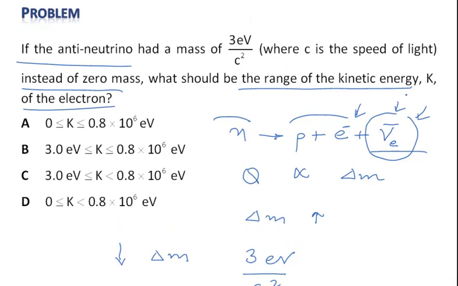So the range of kinetic energy will be now, the least energy that it can have is 0, because if you assume that the entire energy is taken away by the antineutrino, then the energy of the electron would become 0, and it will be definitely less than 0.8 into 10 to the power 6, because now this kinetic energy is lesser by an amount of 3 electron volt. Okay, so option D is correct.